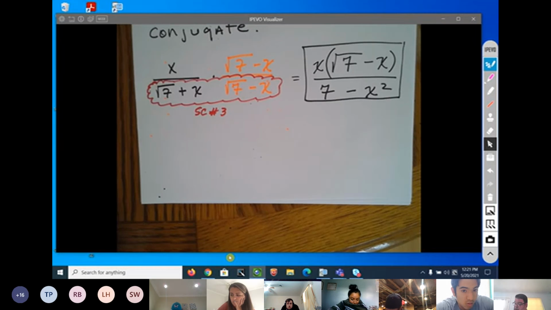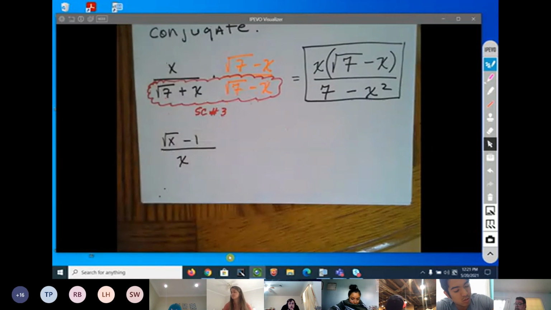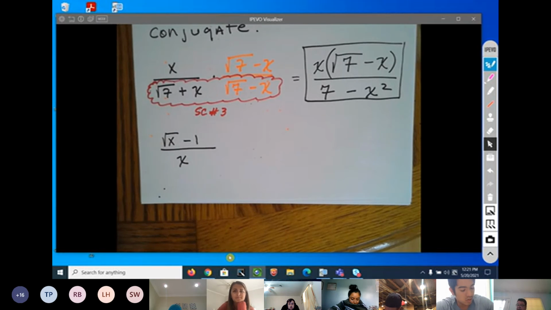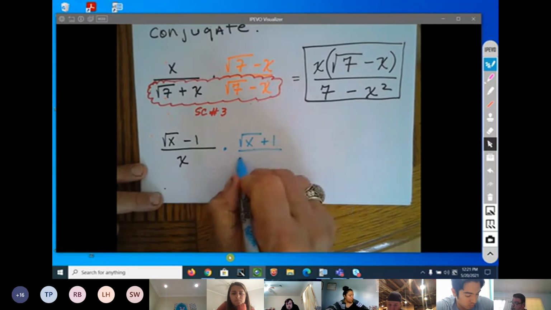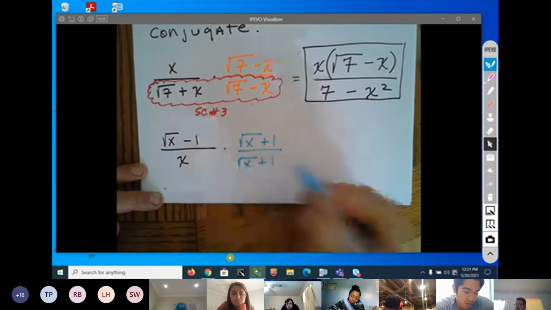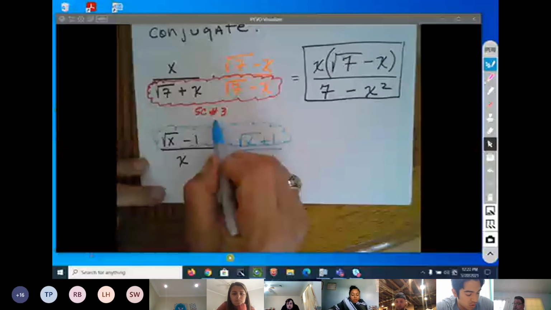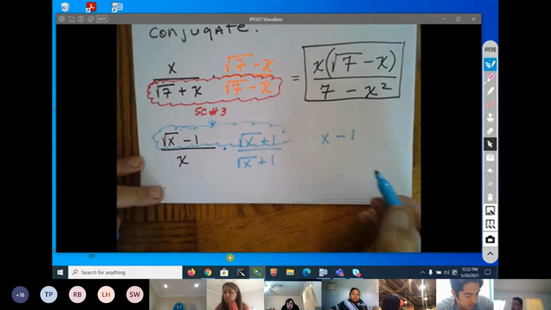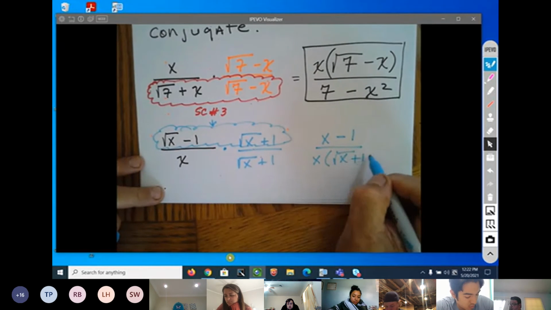Let's go with the square root of x minus 1 over x. Now here we have the square root in the numerator. And I'm going to multiply by the conjugate, which is going to be the square root of x plus 1. And here is shortcut number 3 again. And that's going to be x minus 1 over x times square root of x plus 1.